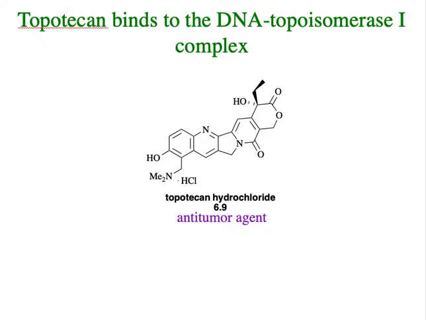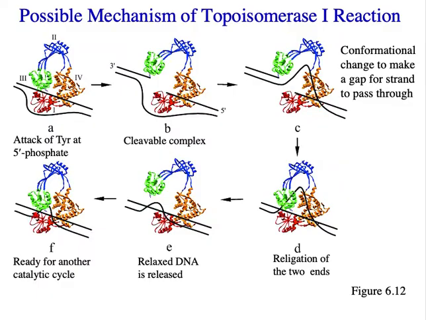So this whole step, if we go back here, this whole process takes kind of a long time. You can imagine what you're doing, because remember, this is an enzyme that's doing this to 1.84 meters of DNA. So this takes some time. It takes some ATP, it takes some effort. And while this is going on, something like topotecan can come in here and associate with this complex.